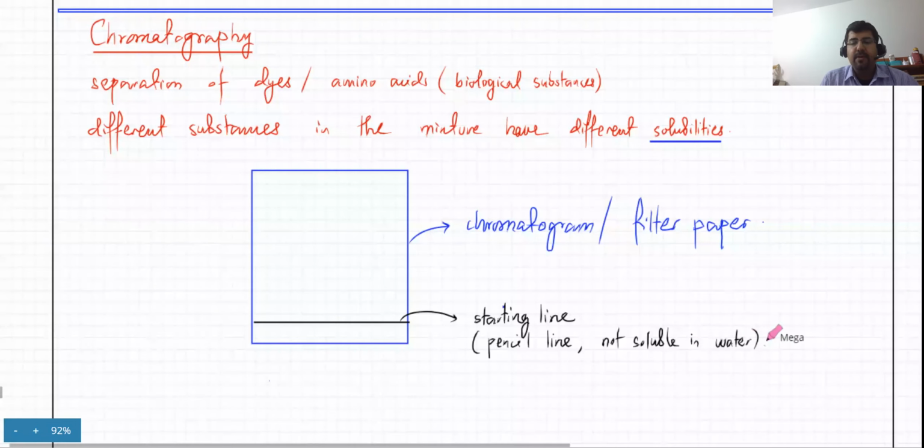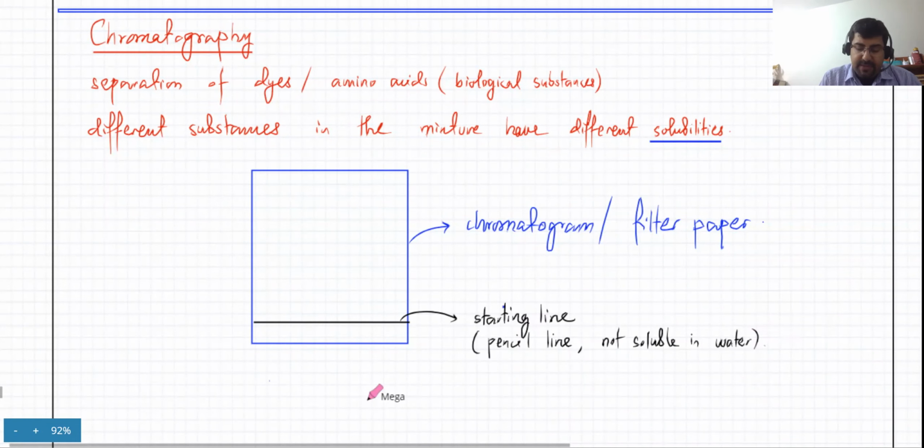If the line was made from ink or any pen, that ink would dissolve in the water and spread. So you don't want that to happen. You don't want the starting line to change. You want the starting line to remain as it is.